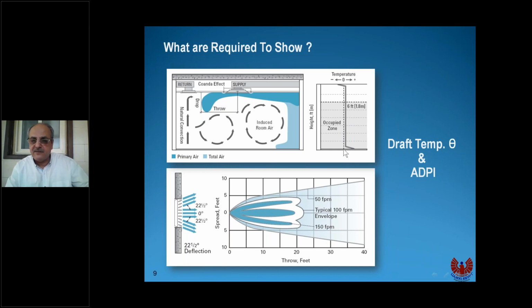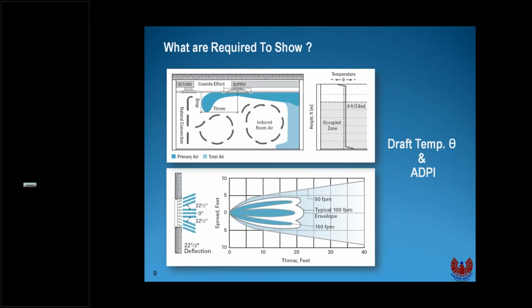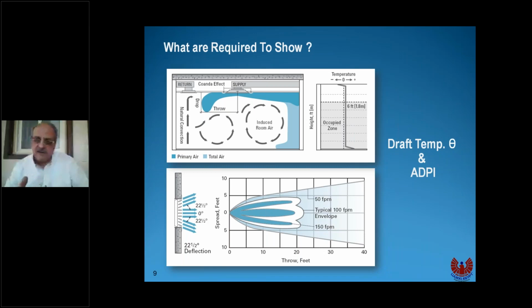We have to have a fixed temperature in the vertical direction to avoid any stratification that could affect the patient or affect the doctors and the people inside this room or watching the patient.